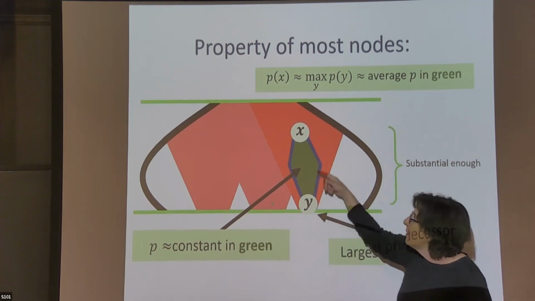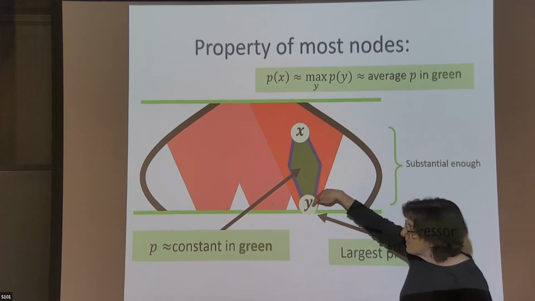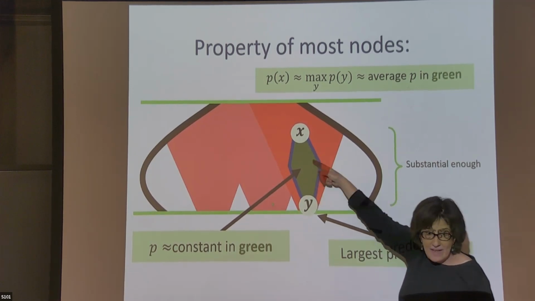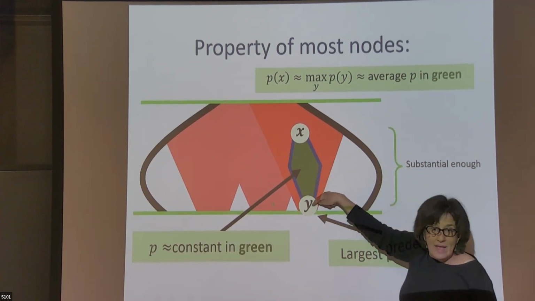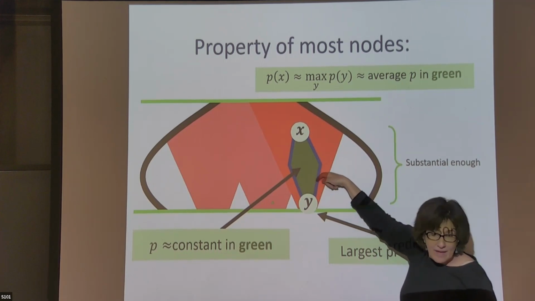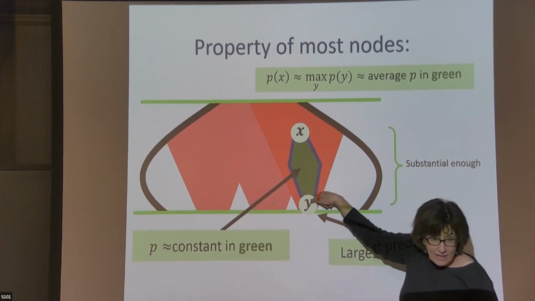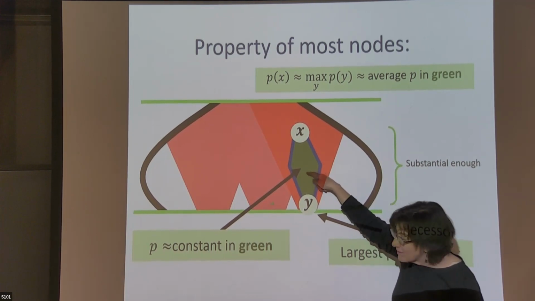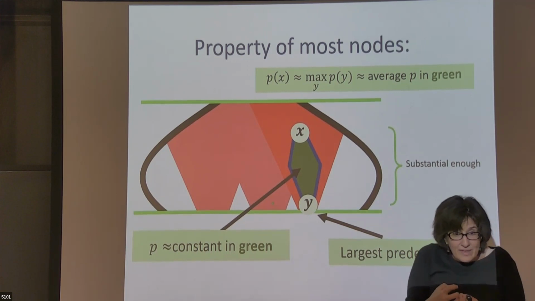But now, because nothing happened, and this was the biggest descendant of x, P of x has to equal P of y. And moreover, everything in the diamond between them, anything that's comparable to both x and y, so anything that's bigger than y and smaller than x, is also locked between them.